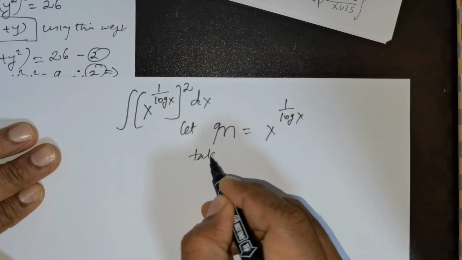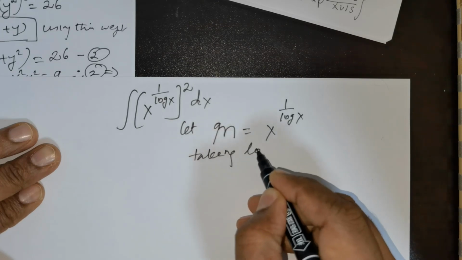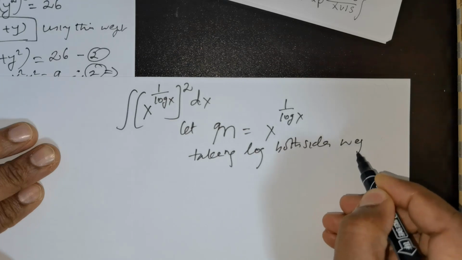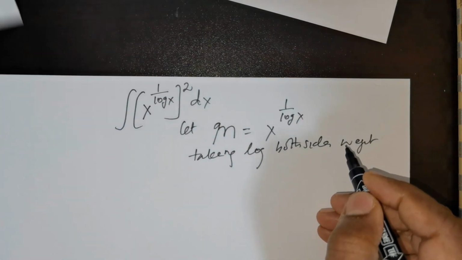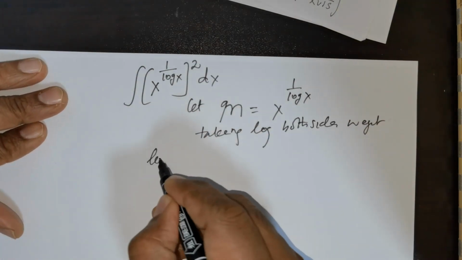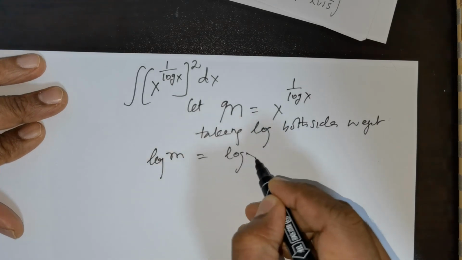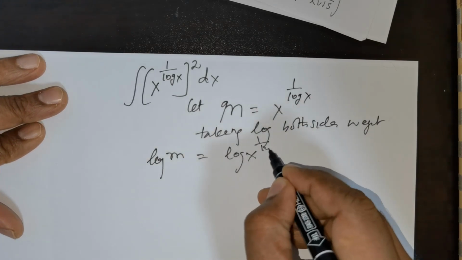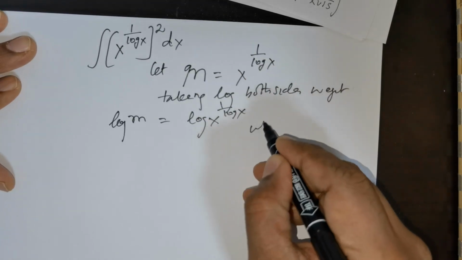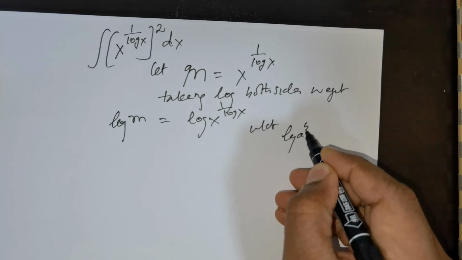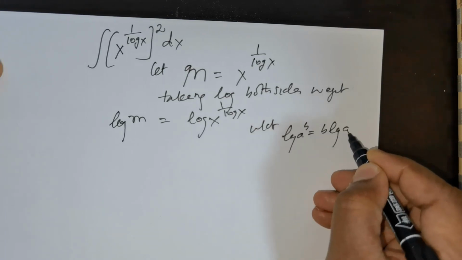Now take log on both sides. So what do we get? log of m is equal to log of x raised to the power of 1 over log x. Now we know from the property of logarithms, log a raised to the power of b is equal to b times log a.